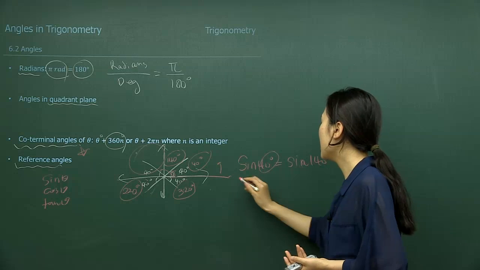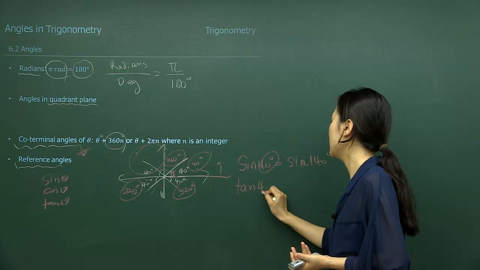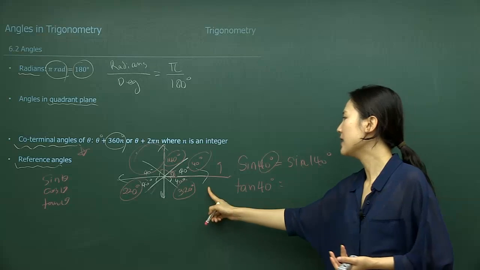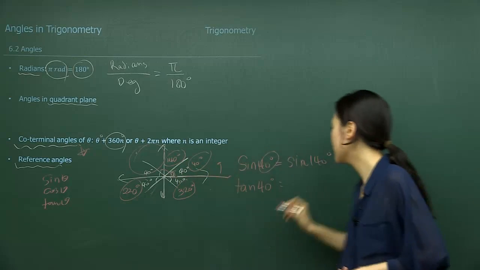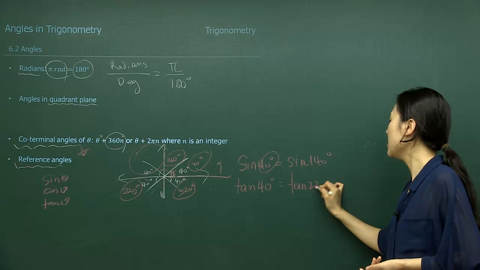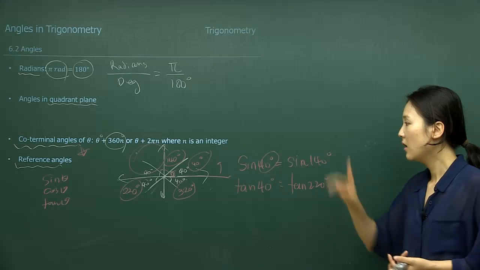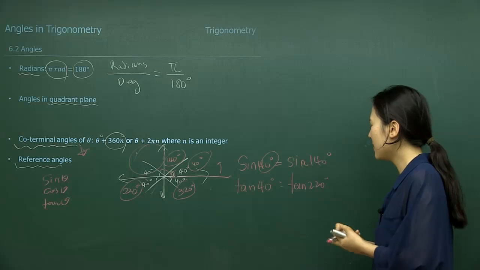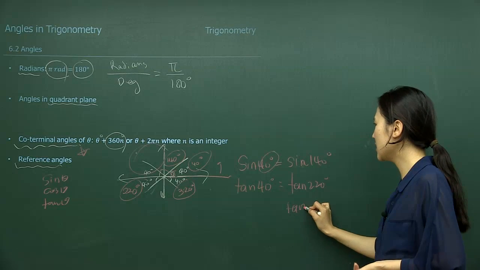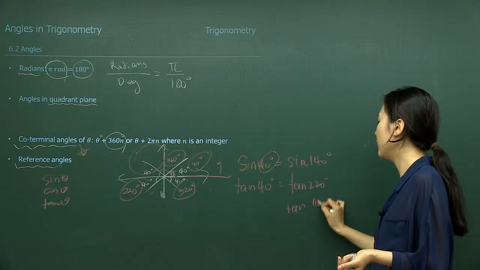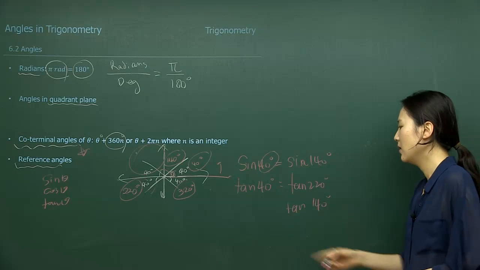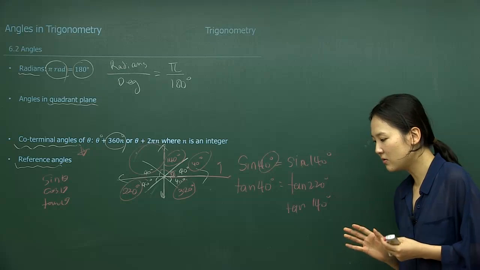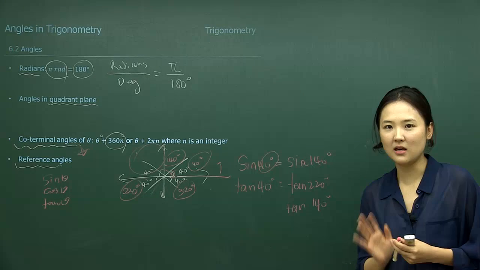So if I'm doing tangent of 40 degrees, then I know that tangent is also positive in the third quadrant, so it's 220 degrees that I have to use. What will happen if I choose tangent of 140 degrees by accident? Are they completely different? Actually, the values are the same, but the signs are different.